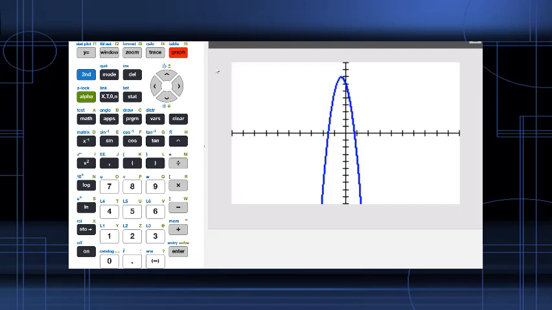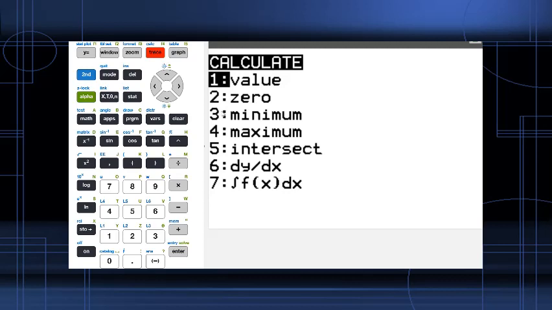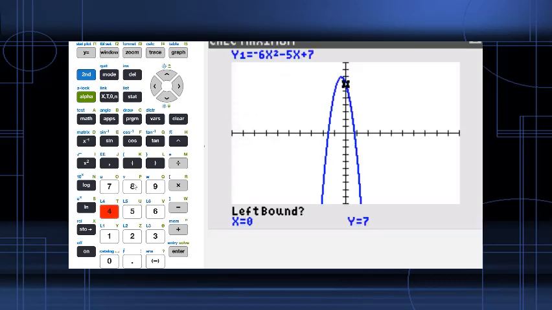Now, in order to approximate what this point of extrema is, I can go to second calc, and you see here under the calculate function, I've got a minimum and maximum. Well, I know I'm doing a maximum here, so I'm going to enter 4. And now I've got a little blinking cursor. Down here at the bottom you can see left bound with a question mark.